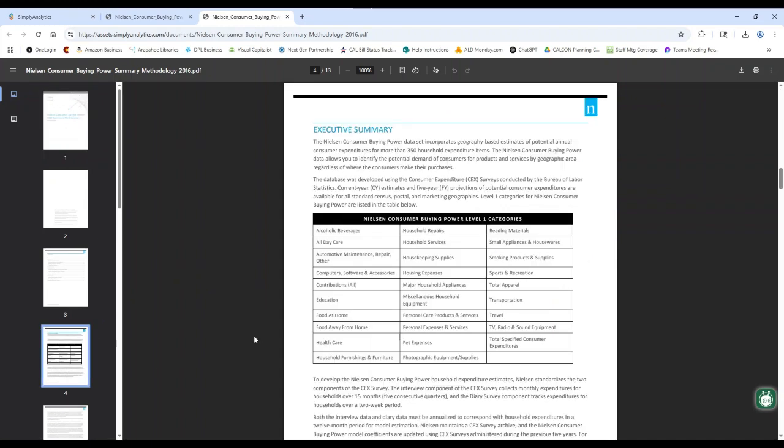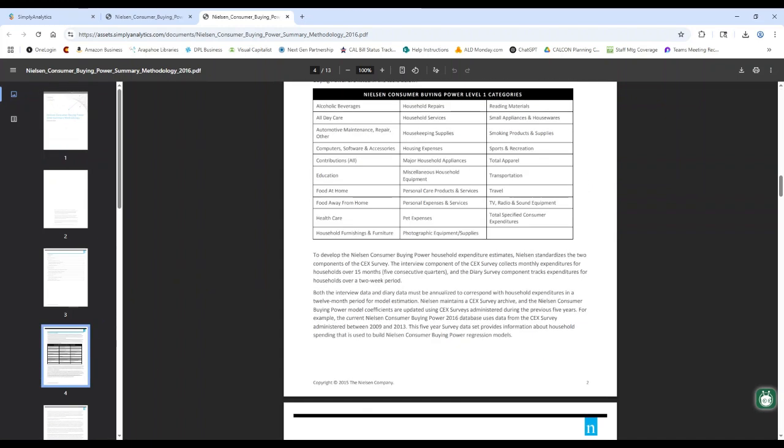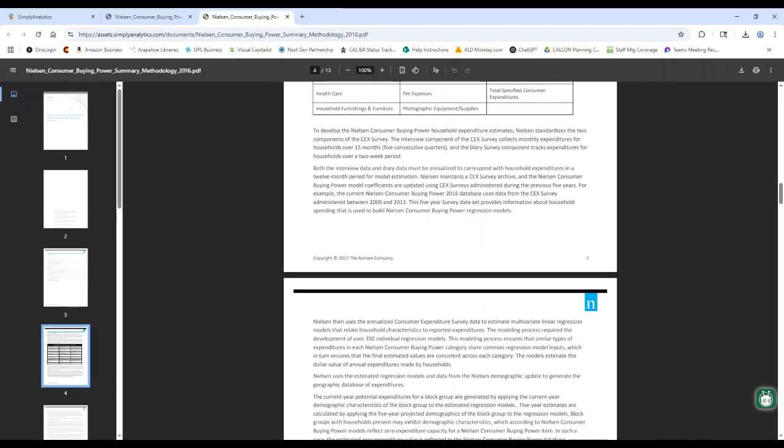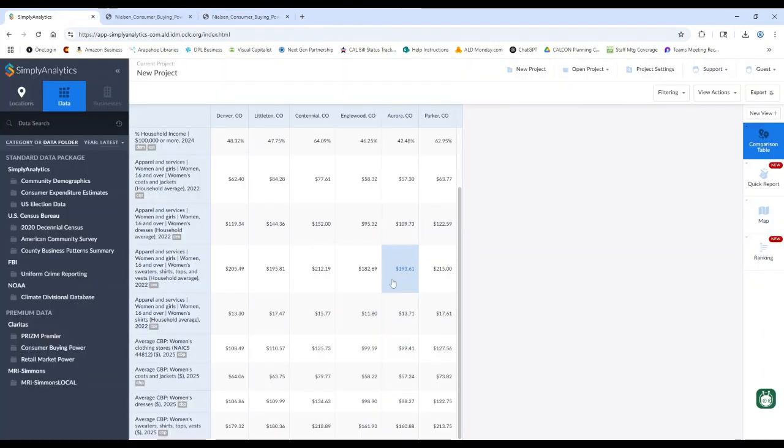And so this will tell you that, in fact, this data is put together by Nielsen using both the consumer spending interviews as well as the diary, tracking the 2 weeks. And they are apparently building very sophisticated data models using regressions and data over a 5 year period to calculate this consumer buying power data. So this is enhanced data.